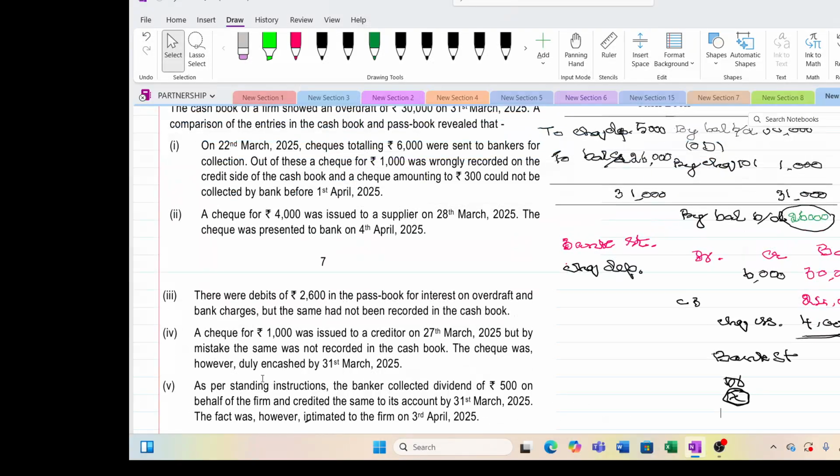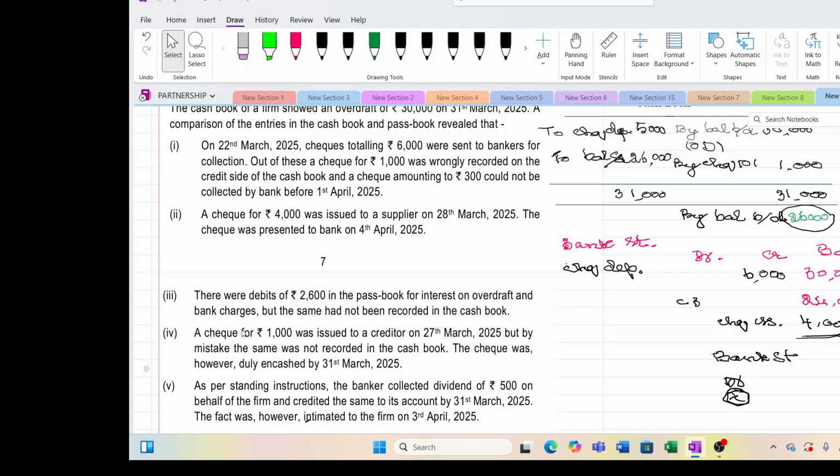Okay. Now moving on to the third point. There was a debit of 2,600 in the passbook for interest on overdraft. We have already seen that the cash book is showing an overdraft of 30,000. So they have withdrawn more than the amount which was available in their account. So it is just like a short term loan.